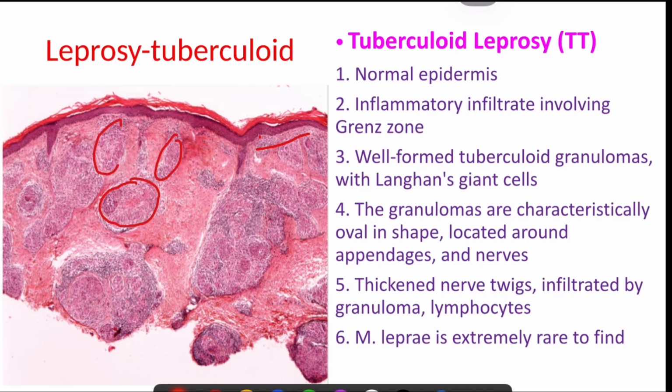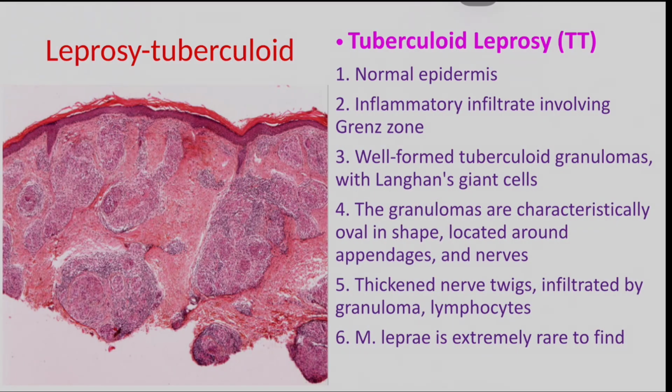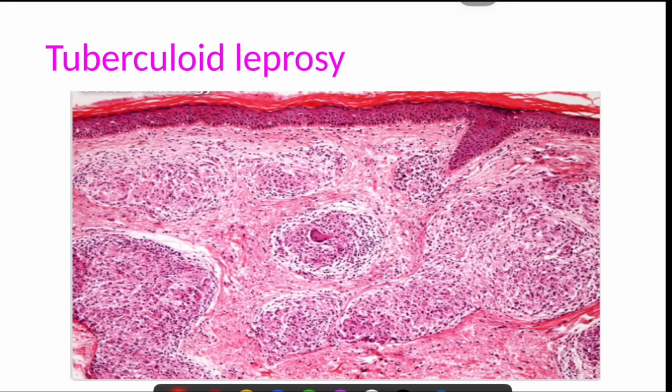So multiple well-formed granulomas with which cell? Langhans type of giant cell. And these are oval in shape, present around the appendages and nerves. Thickened nerve twigs are there and lymphocytes, and M. leprae is extremely rare to find. So here you can identify multiple granulomas with Langhans type of giant cell.